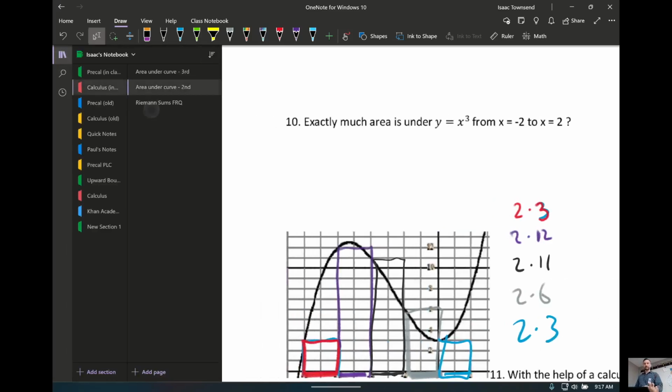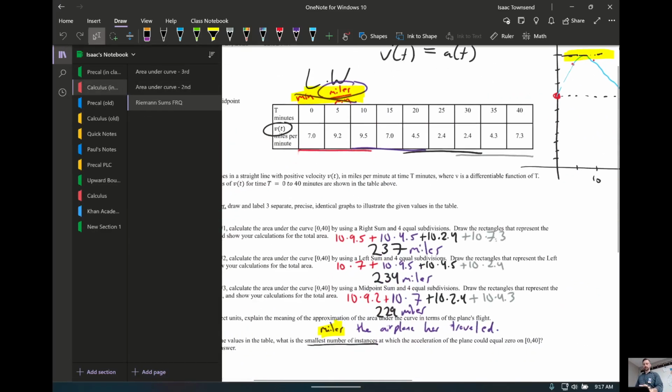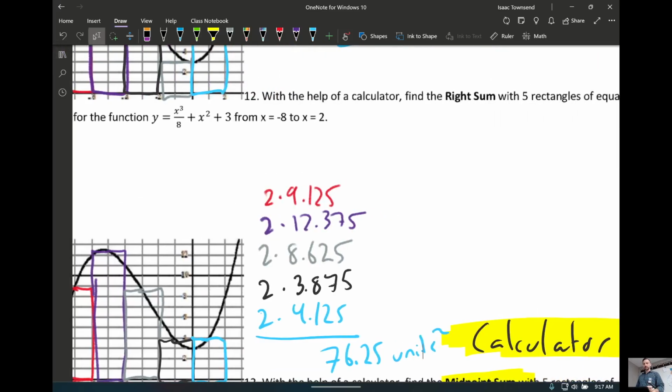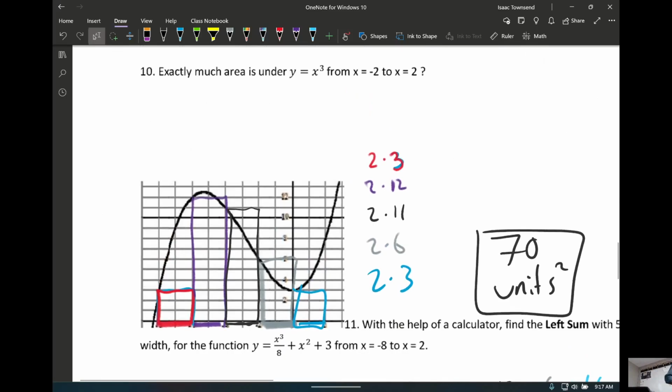Yes, yes, and yes. You can move on to the last page. -7. What about the chart? So -7 and then we do.